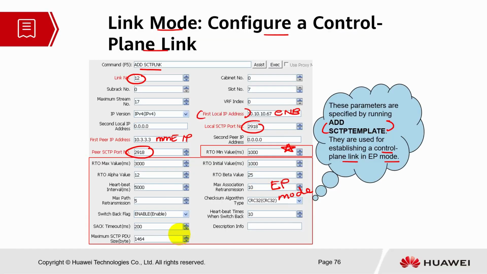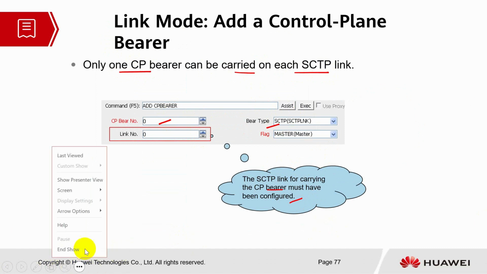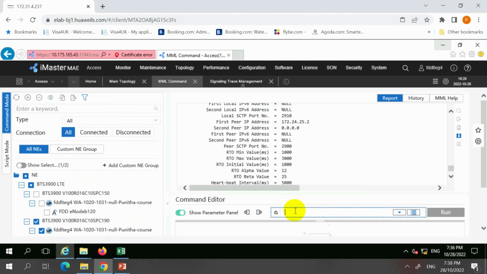Next we go into the CP bearer. Only one CP bearer can be carried on each SCTP link. So when you add one SCTP link, you must add one CP bearer. The SCTP link for carrying the CP bearer must have been configured. So this is a mandatory command. Let's look into the command. List CP bearer.